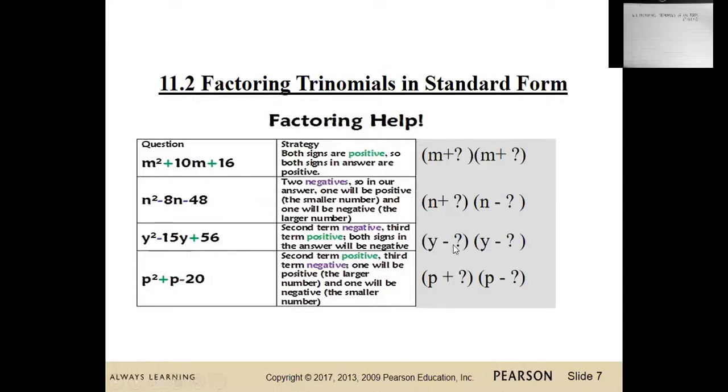Well, remember, negative times a negative is going to give me a positive number here. So again, these are the 4 different ways you're going to see it. And just remember, if the last number is positive, that means they're both going to be the sign of that middle term. So if that's positive and this is positive, then everything's positive. If that's positive and this negative, that means they're both going to be negative. And then if the last term's negative, we know one's positive, one's negative.